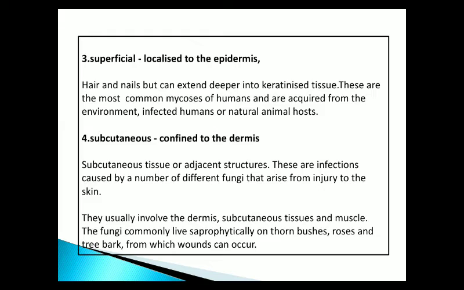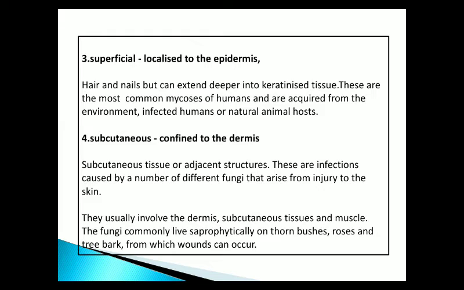The fungi commonly live saprophytically on thorny bushes, roses, or tree barks, from which the wound can be infected. As humans are normally dependent on plant material, we need to collect wooden material from plant tissues or big trees.